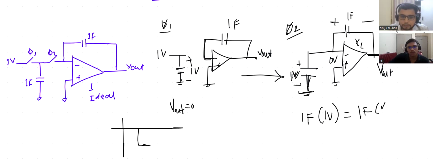This is phi 1 phase. This is phi 2 phase, which is minus 1. So for phi 1 phase again, this cap will not discharge. So this is like minus 1 only in this phi 1 phase also.